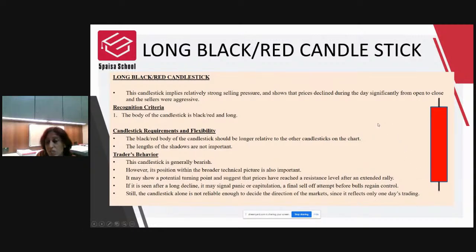The sellers have been dominating the market, and there is relatively strong selling pressure. This shows that prices declined significantly during the day from open to close, and the sellers are very, very aggressive.